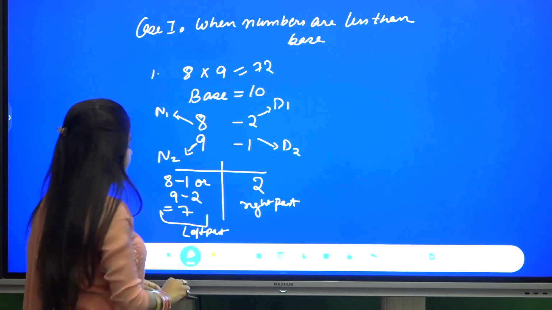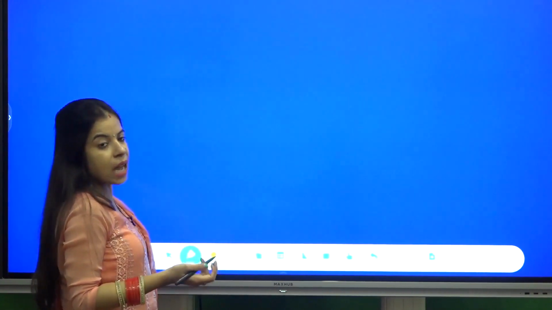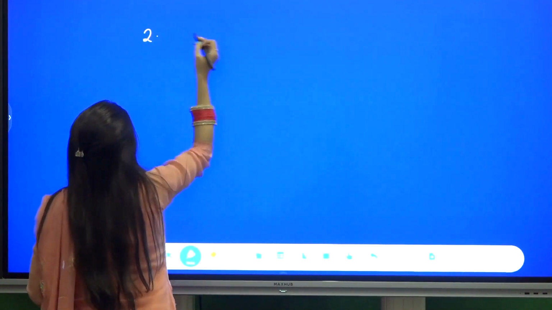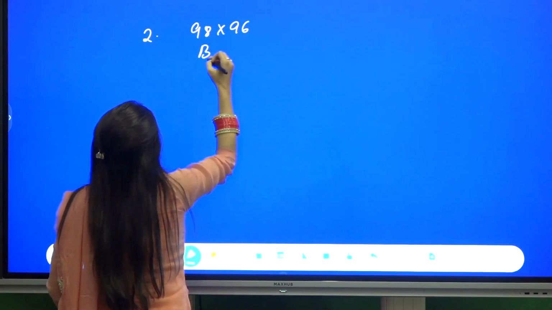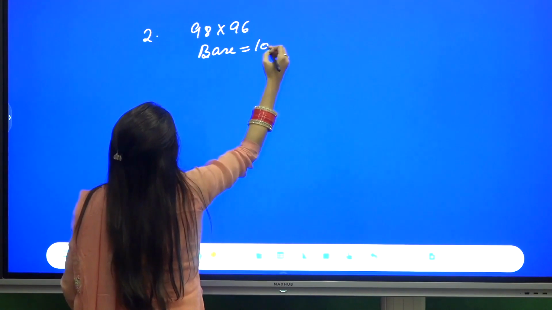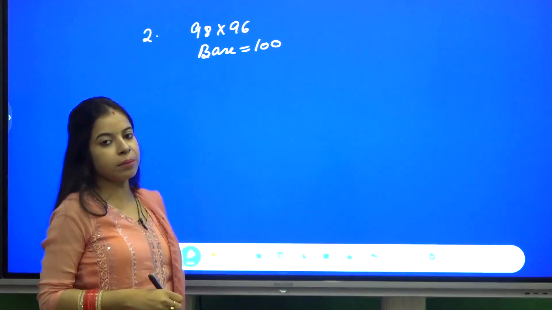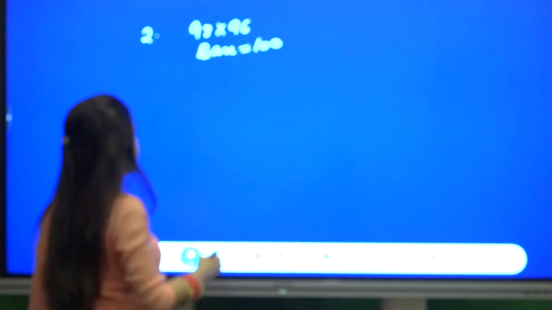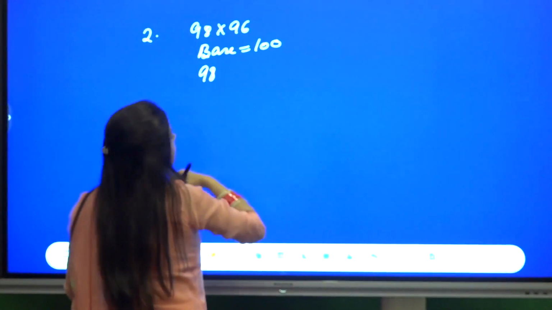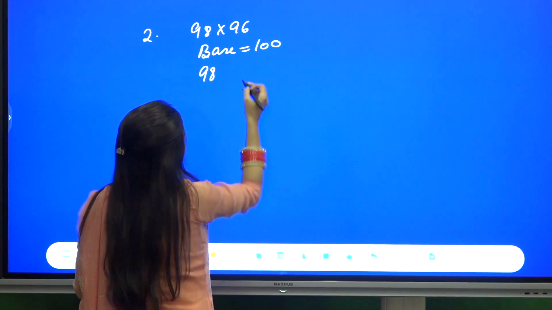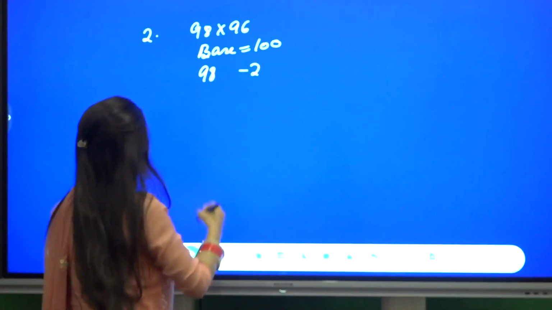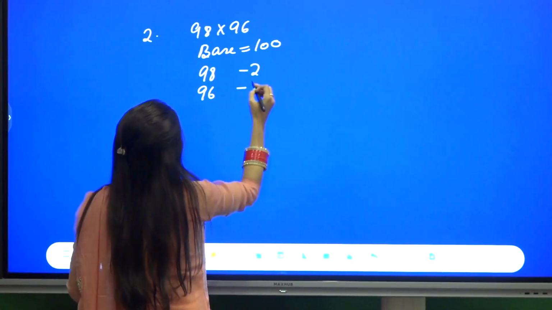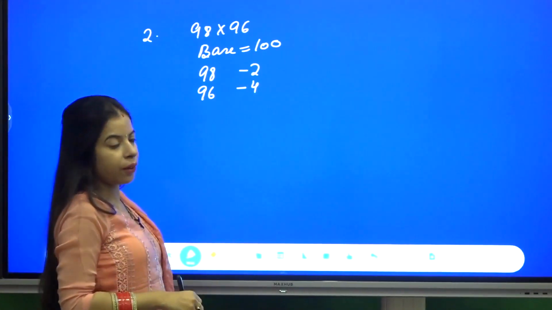Let us take another example where the base is 100. Let's say 98 into 96. Here the base is 100, as both the numbers are closer to 100. 98 is short of 2 from 100 and 96 is short of 4 from 100.